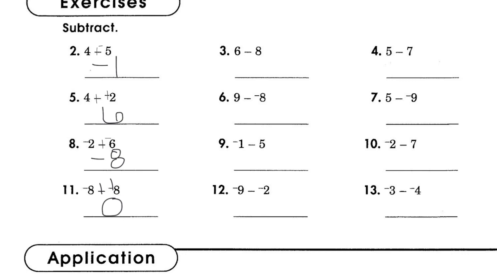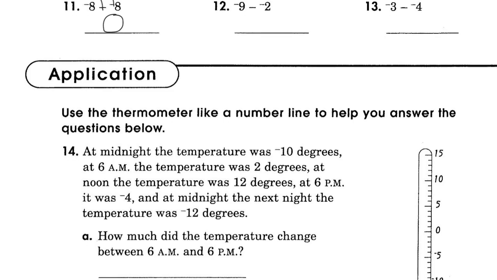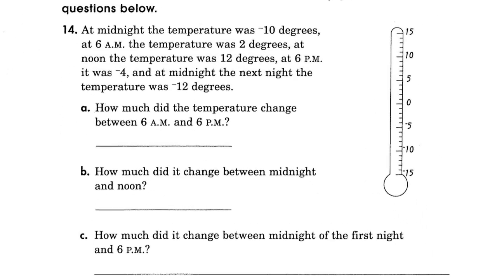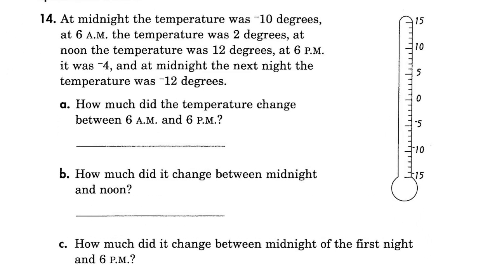Now, on the application, remember, we're dealing with subtraction problems. So it says, at midnight, the temperature was -10 degrees. I'm going to highlight these by different colors. So at midnight, it was -10 degrees.